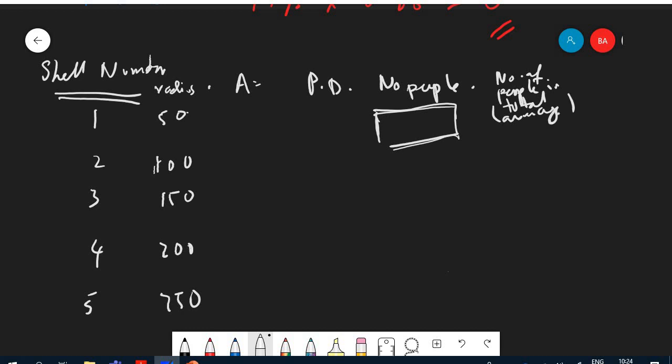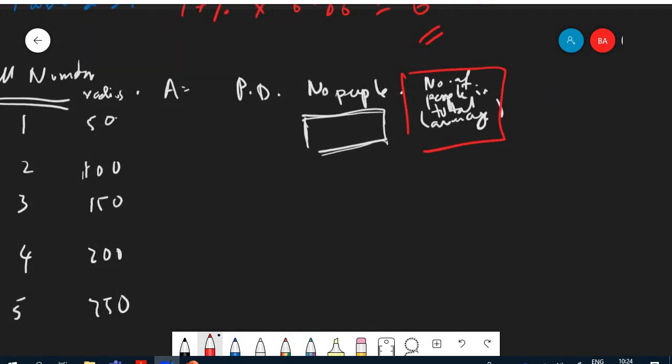And based on that, of course, we want to calculate how many people are sitting there, right? And then we know how many people are sitting there, and we take a radius which is something in between. Okay, so we are going to calculate the pressure from the average radius.